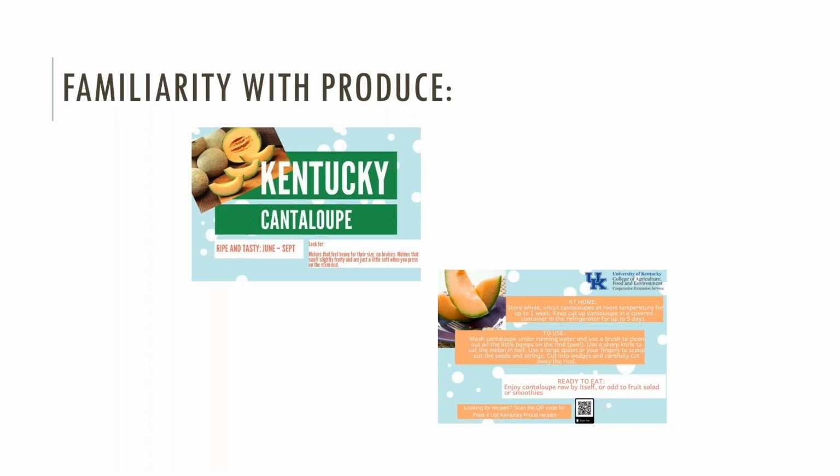If you have cantaloupe at your stand, you could make this card available, and it tells people when's a good time to buy cantaloupe, when it's in season, and how do you choose a good cantaloupe? And then once you get home with it, how do you store it? How do you prepare it? So that's intended to help people buy with a little bit more confidence if they're not familiar with fresh produce.